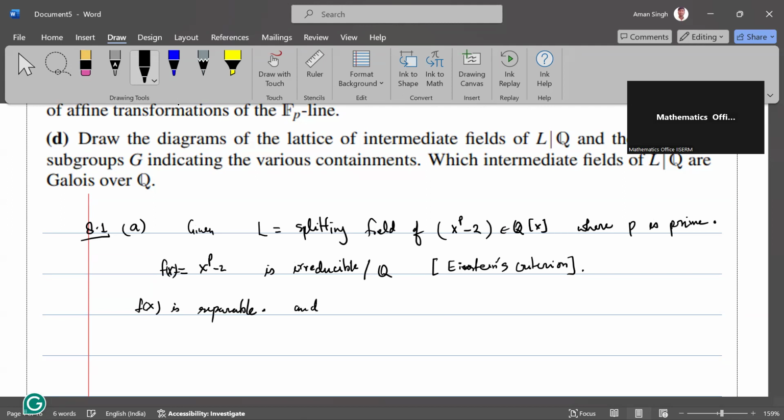And what are the roots of f? The pth root of 2, which belongs to the real numbers, is one of the roots of f inside the real numbers.